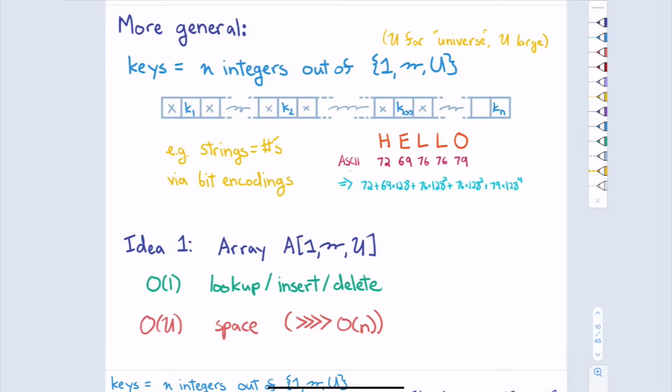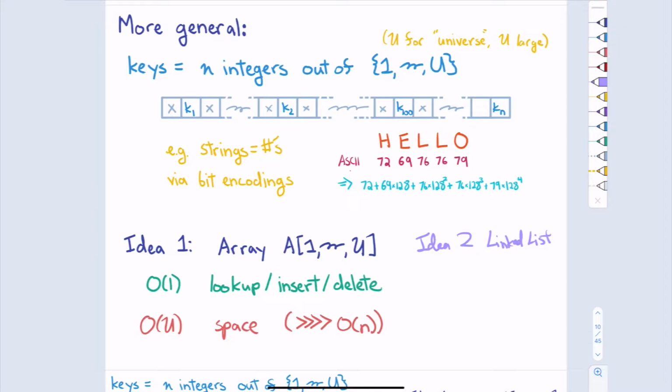A linked list. Okay, so we can do a linked list. I'll just list the keys. And if I want to look something up, I'll scan and find it.